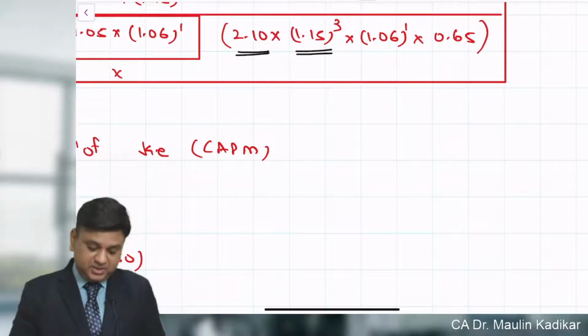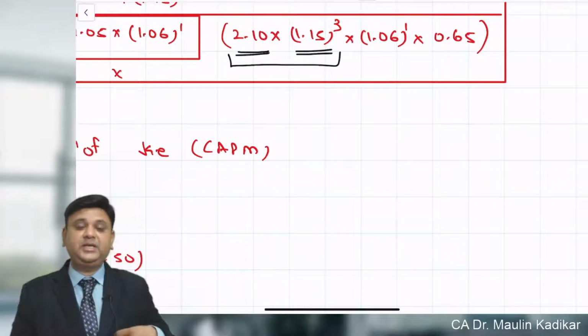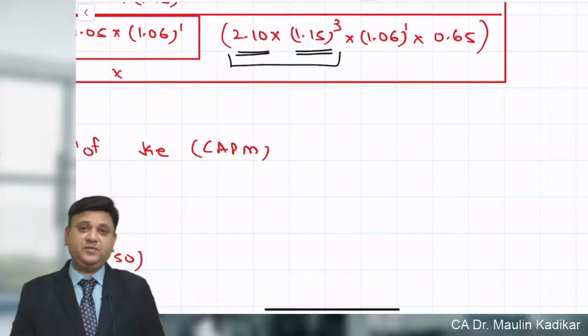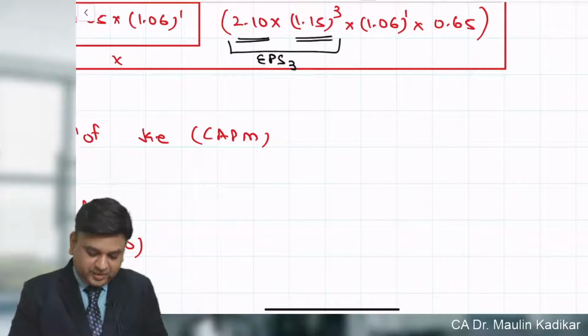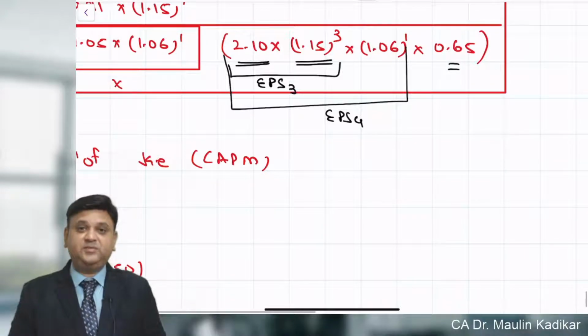So that will become the earning per share at the end of the third year. Into 1.06 will give the earning per share at the fourth year end, into 65% will give the dividend per share for the fourth year.